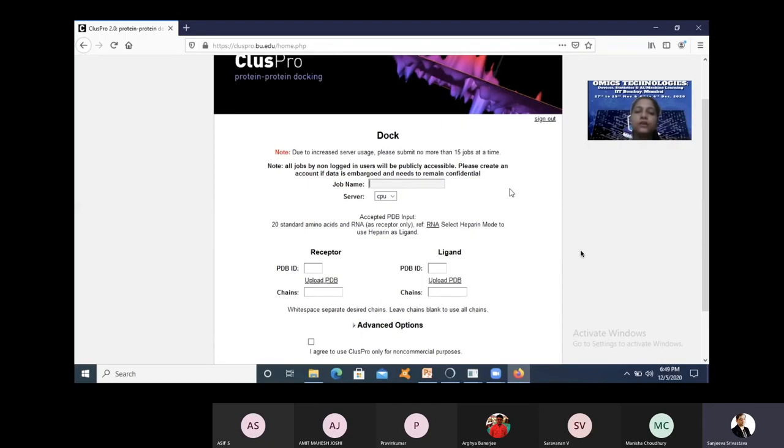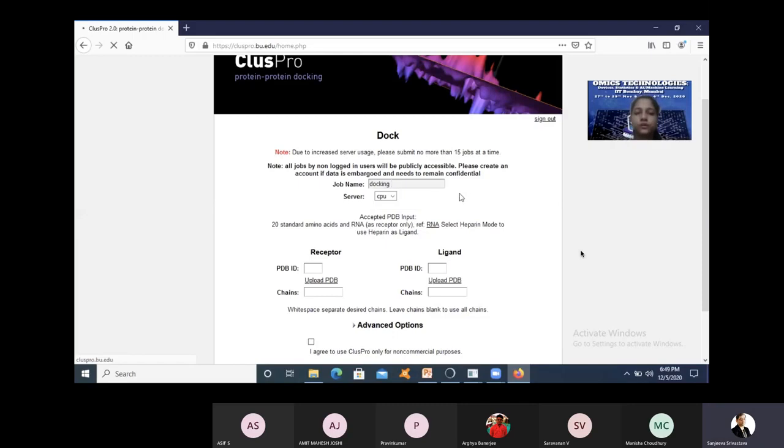It will take the ligand protein around the entire target protein and try to dock it at different places and give us different complexes. And we have to choose the best possible cluster based on our previous information.